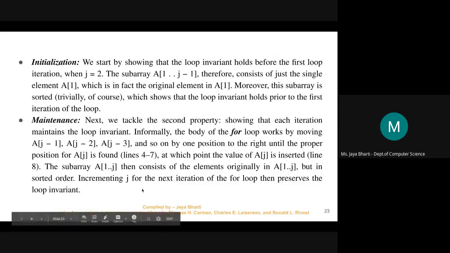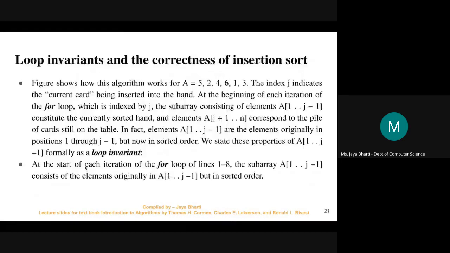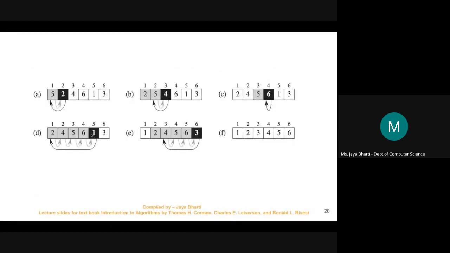So incrementing j for the next iteration of the for loop then preserves the loop variant.